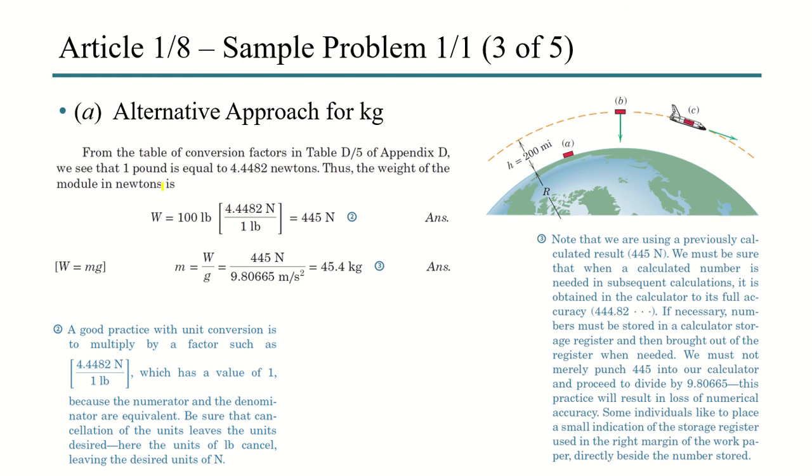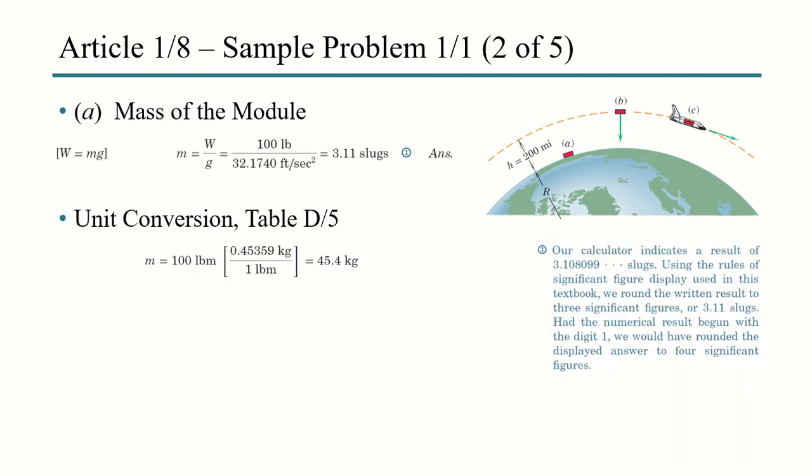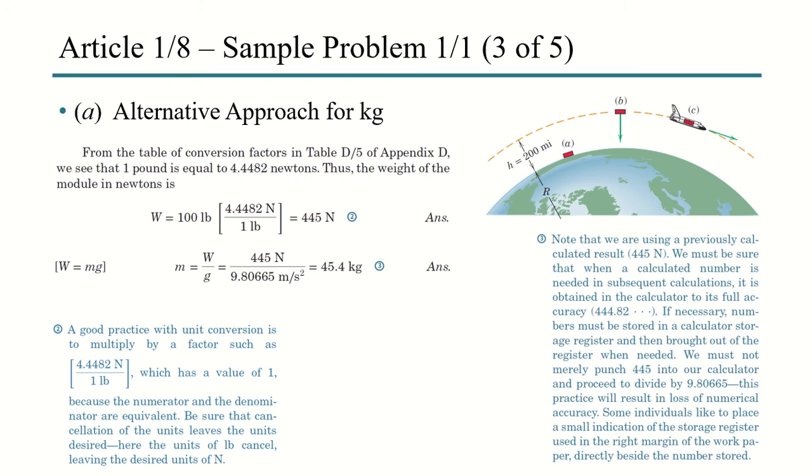Thus the weight of the module in newtons, using the conversion, is 100 pounds times 4.4482 newton per 1 pound, equal to 445 newtons. Alright, so we got the answer here, 445 newtons.